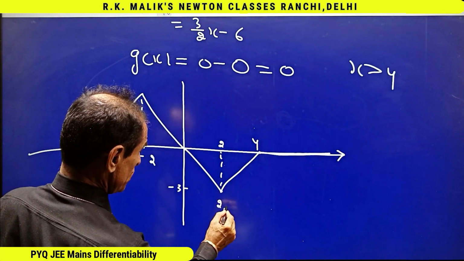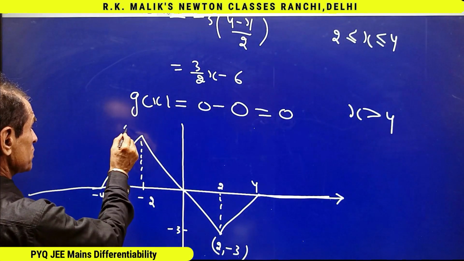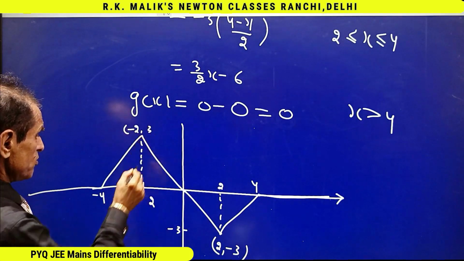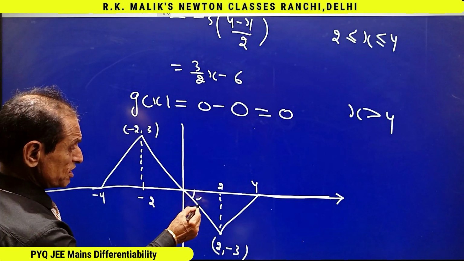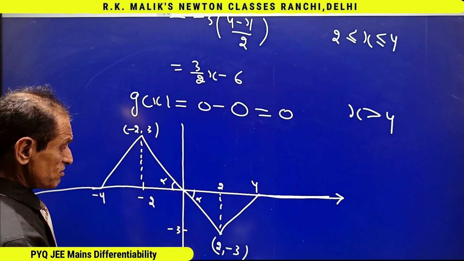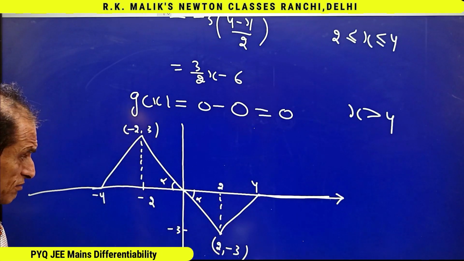Here 2 comma minus 3, and here it will be minus 2 comma 3. And because of symmetry, whatever is this angle, the same will be this angle. Hence, I can say this is one whole straight line.